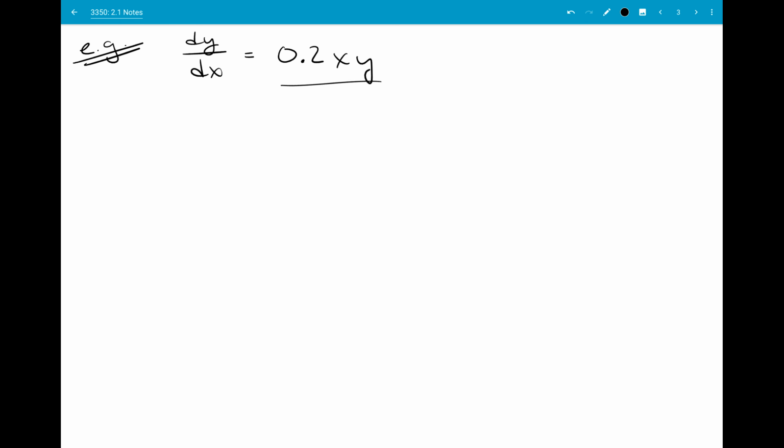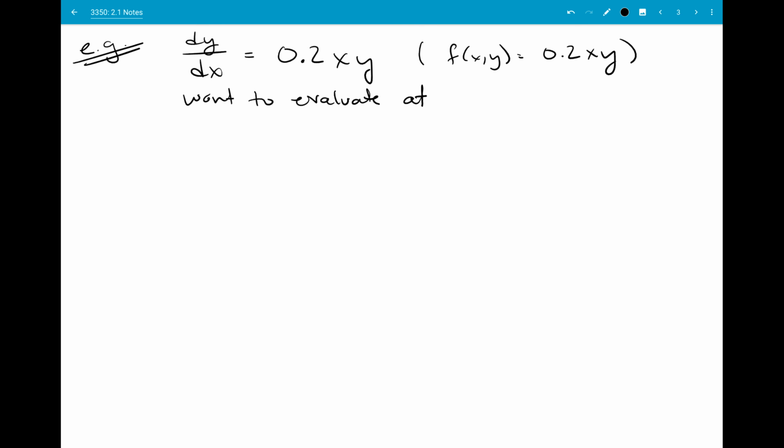So here, f of x,y is the thing that's equal to dy/dx. So f of x,y is equal to 0.2xy in terms of the notation on the previous slide. And what I want to do is evaluate it at a bunch of points x0, y0. That's what I said on the previous slide is what's going to make the direction field.